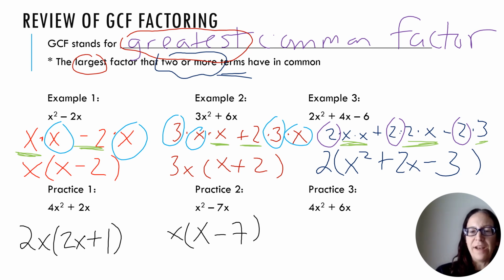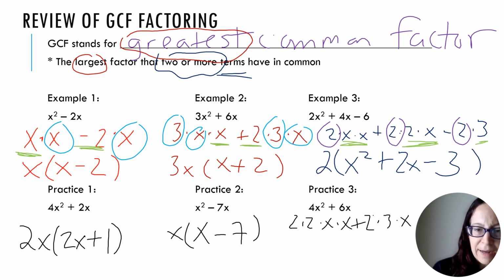Now, this one, probably more of you are going to want to do that prime factorization out, just because there's a little bit more going on there. So we have 2 times 2 times x plus, and the 6 factors into 2 times 3. And I can see that they have a 2 in common and they have an x in common.